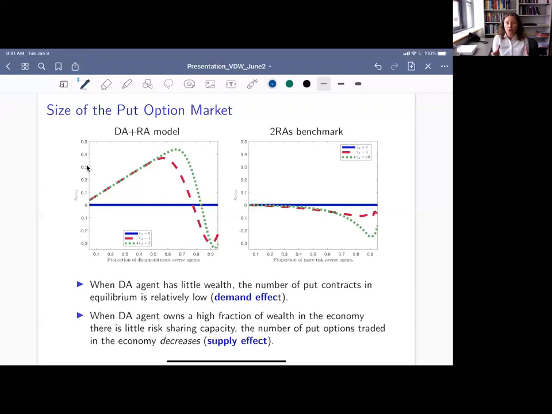I could show you equivalent pictures for different primitive securities, as you say. Our focus is on puts because we thought this is interesting to understand, especially with the recent evidence about the put option market and the co-movement with the stock market. But as I say, everything I showed you in terms of profiles and the drivers of this economy didn't really depend on that. Now I'm zooming in and talking about the puts.